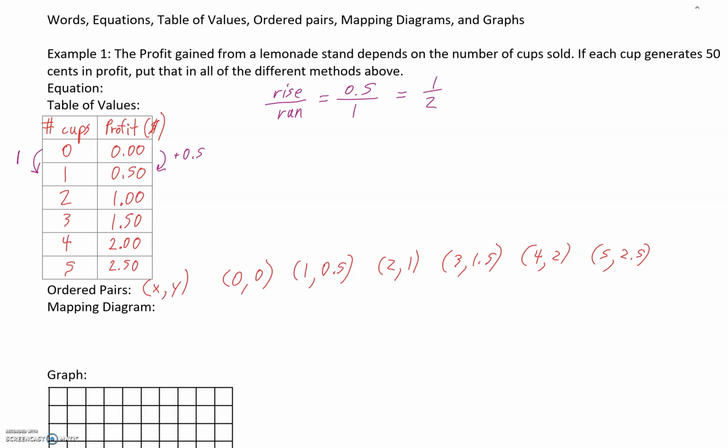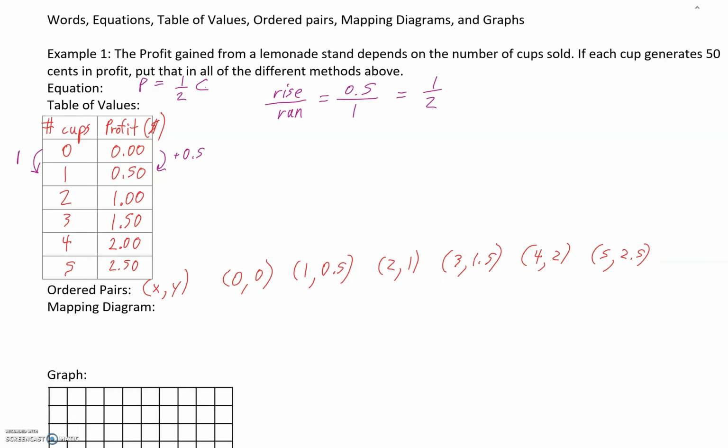So if we make an equation, we can do it a few different ways. We could use 0.5 or we could use 1/2. I'm going to use the profit is P, and then I'll do 1/2 C. So that's going to be our equation here.